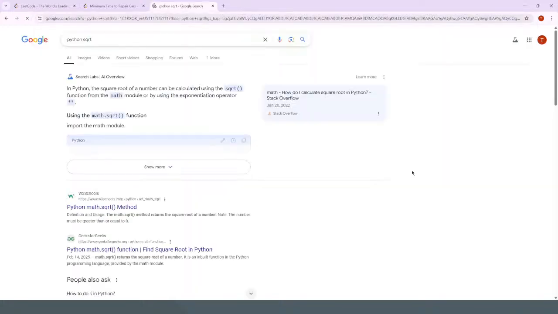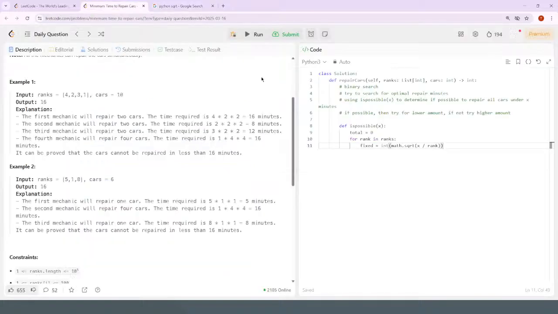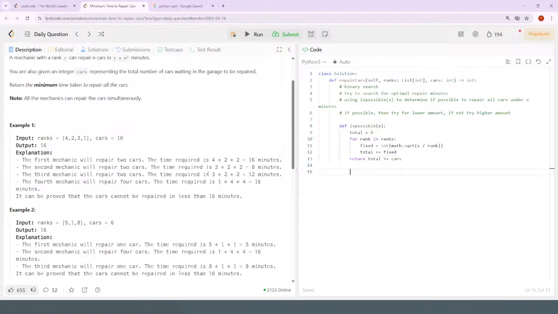I could do the exponential operator to the 1/2, but I guess this is fine. And then you add up to the total, and then return whether or not that total is greater than or equal to the number of cars that you are trying to fix.